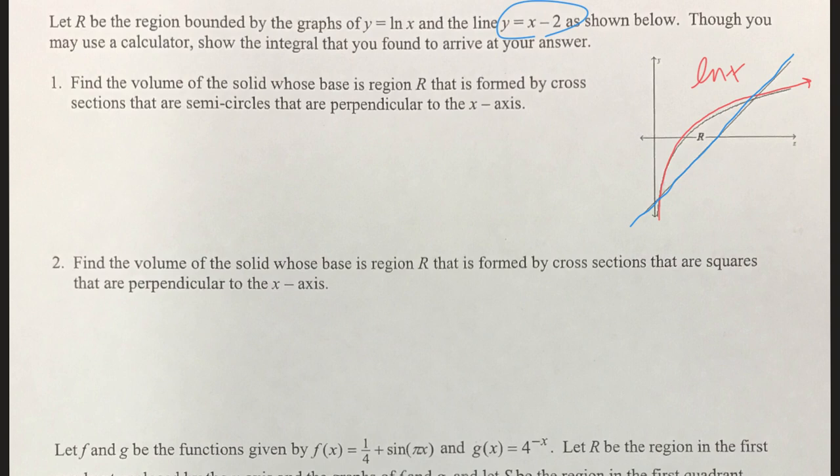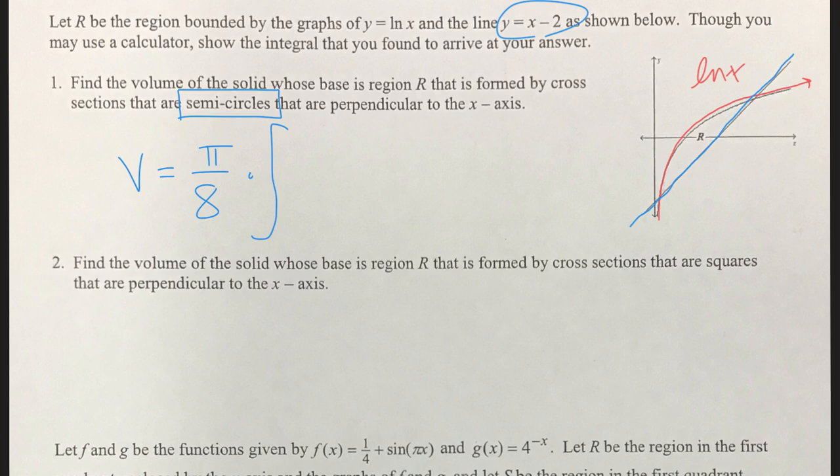So if we're going to find the volume of a solid that is formed where the cross sections are semicircles, semicircles had a pi over 8 as the coefficient. Pi over 8 was the coefficient that we're going to have outside of our integral. That's what we're multiplying by for every semicircle we ever have.